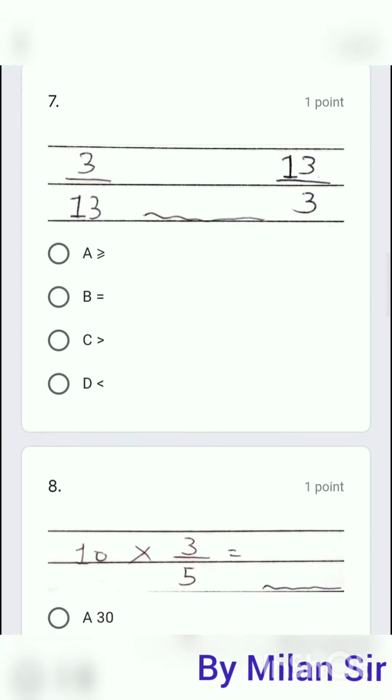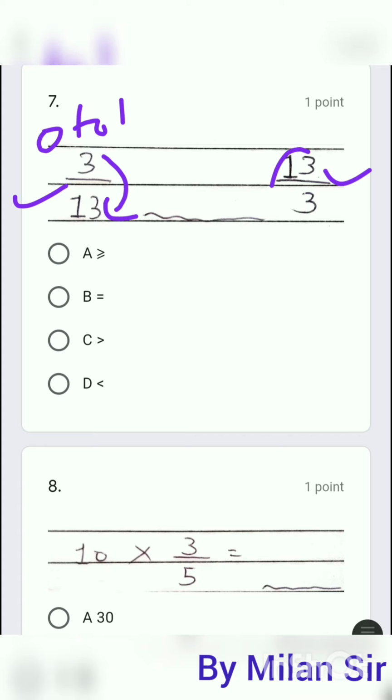After that, question number 7. 3 by 13, and here we have 13 by 3. Here denominator is greater than numerator, that means this answer lies between 0 to 1 only. And here numerator is greater than the denominator. Okay, so definitely this answer is more than 1.